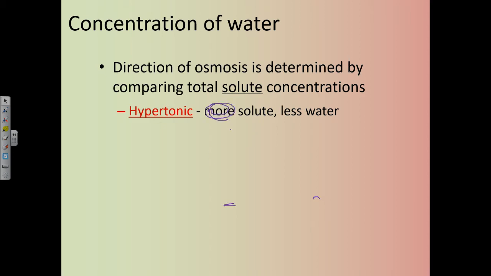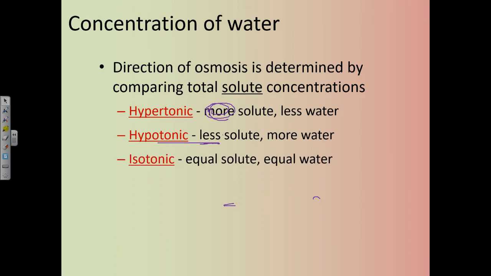Say I dump a whole bunch of salt in some water. That'd be a very hypertonic solution. The second type is hypotonic, where we have less solute, maybe just a pinch of salt in some water. And then we have isotonic solutions, where we have equal amounts of solute and water both on the inside and outside of a cell.